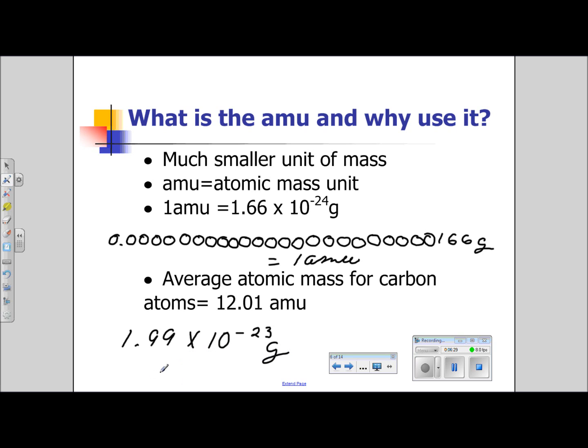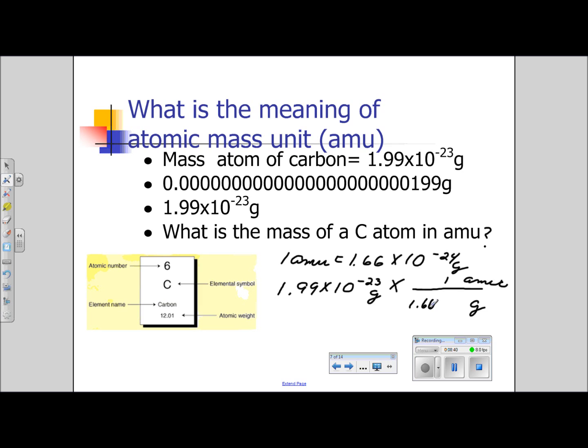But it is a lot easier to work with 12.01 AMUs as the mass of one carbon atom. So these two numbers are equivalent to each other. 0.66 times 10 to the negative 24th.